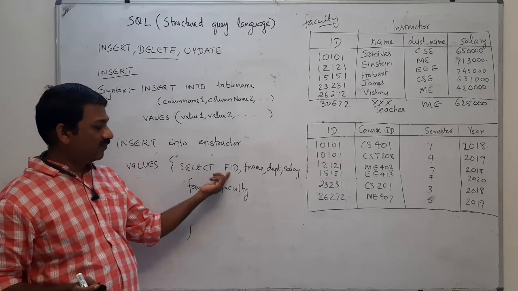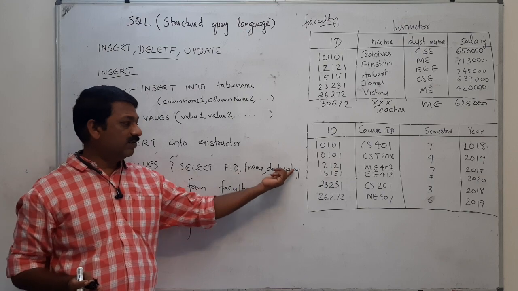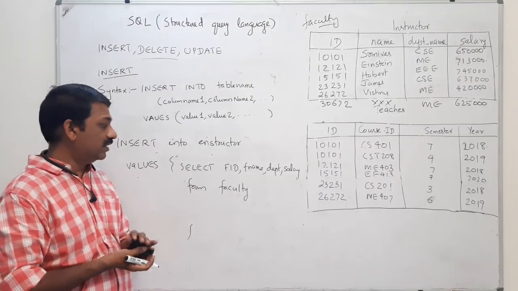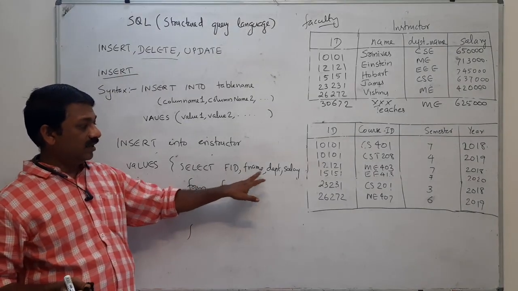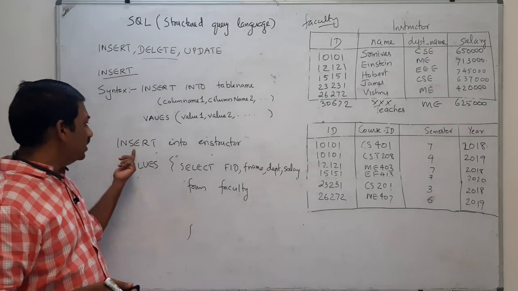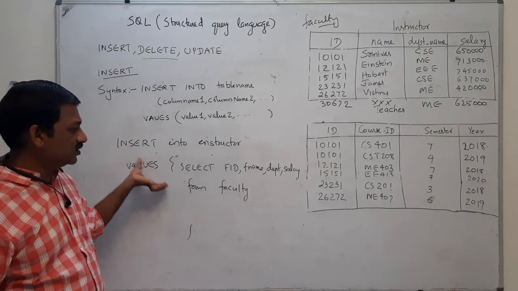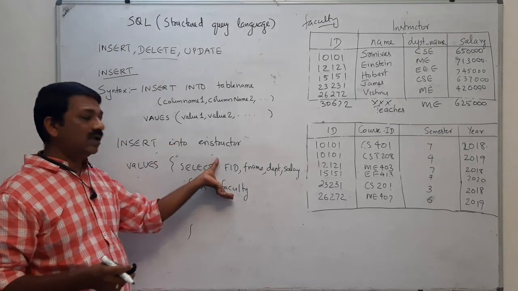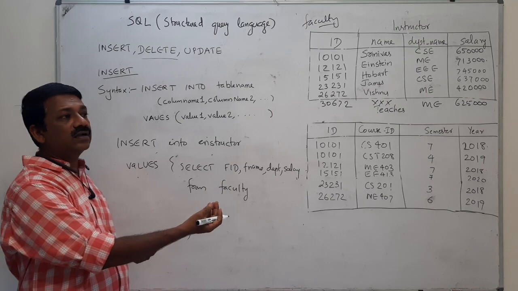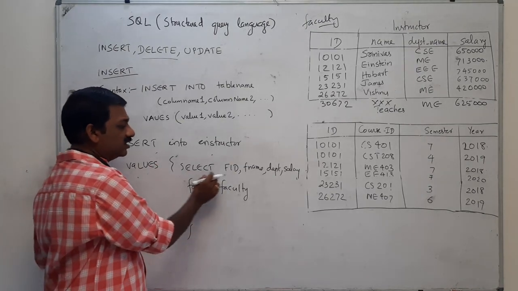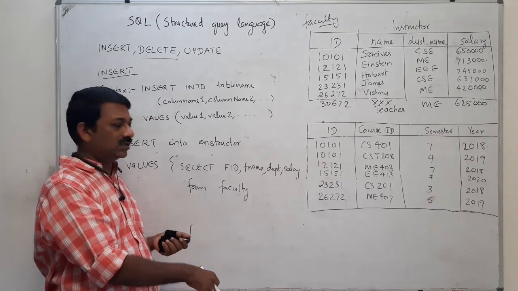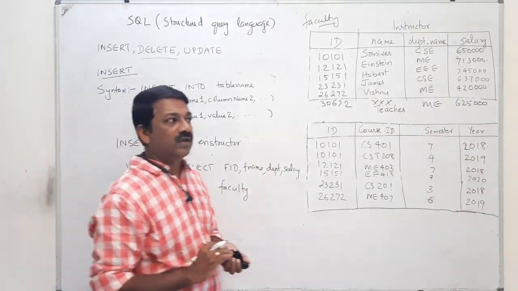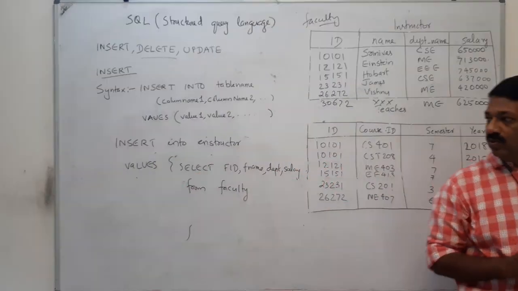That means select faculty ID, faculty name, department name, and salary from faculty. That will return the faculty ID, faculty name, department name, and salary, and insert into instructor values. You are going to take tuple by tuple. The first tuple will be inserted in instructor, then the second tuple will be inserted, and like that.